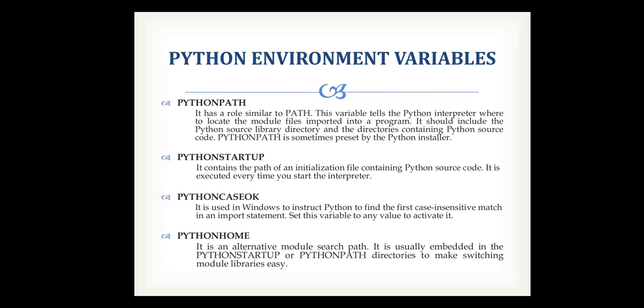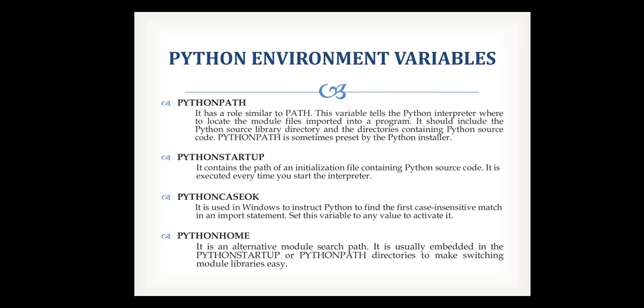PYTHONPATH is sometimes preset by the Python installer. When you are installing Python, the installer presets the PYTHONPATH. So when you are executing the program, the different libraries which you are going to use in your application are directly connected with your source code and will be executed.